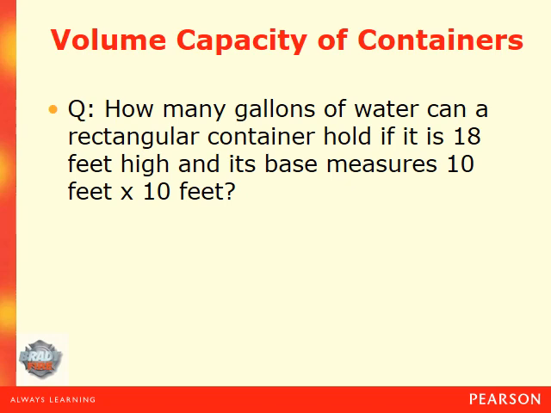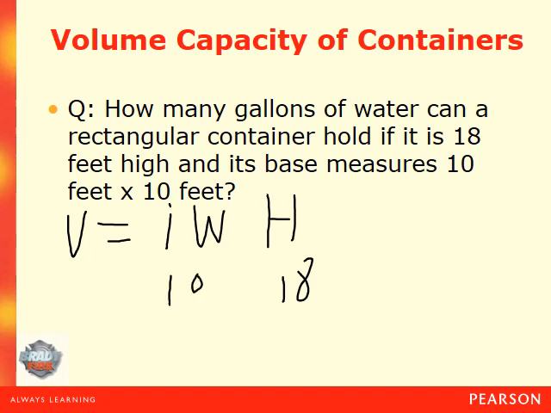Alright, so we have to figure out the volume first. Volume equals length times width times height. So now let's plug in our variables. We have 18, we have 10, and we have 10.